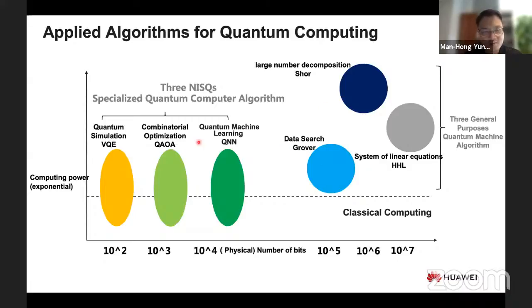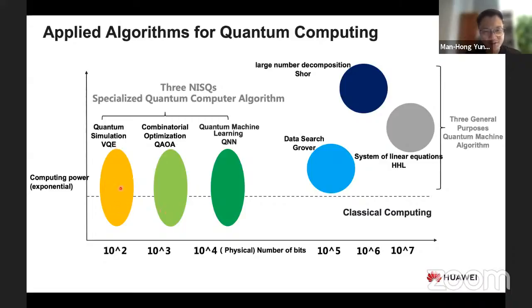The problem with NISQ is that we have these three directions, and we don't know which one will be the first to give us some kind of advantage that can go beyond this line. What we are seeing right now is that all our attempts are below this line. So this is a problem.